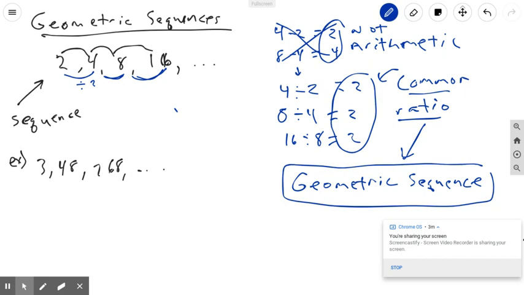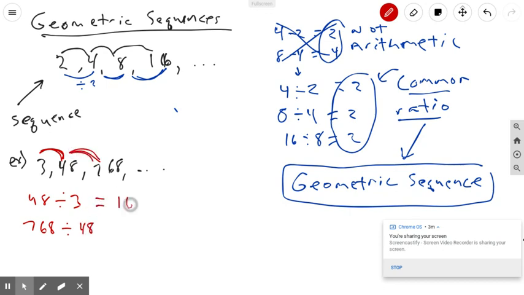Let's go back down here to our example with this bigger number, just to confirm that. Now, I can tell right away that this is not going to give me a common difference. I can't add anything to those numbers and get the same thing. So let me at least check to see if it's geometric. I can do 48 divided by 3, that's this right here, and then 768 divided by 48, which is this right here.